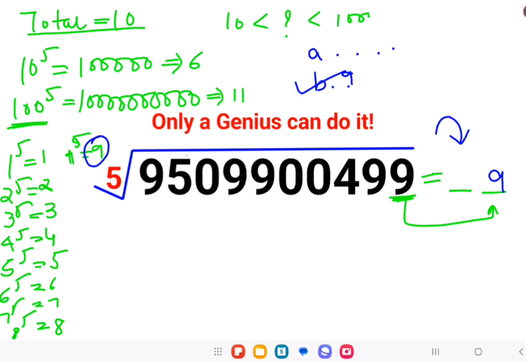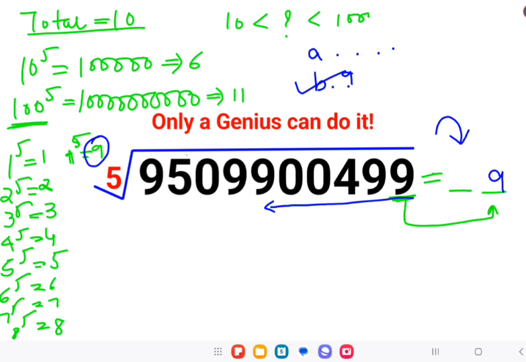Now please understand, whenever you want to find any nth root, what you will do is cancel n digits from your right end to focus on the leftover digits. From there you can figure out the first part of your answer.